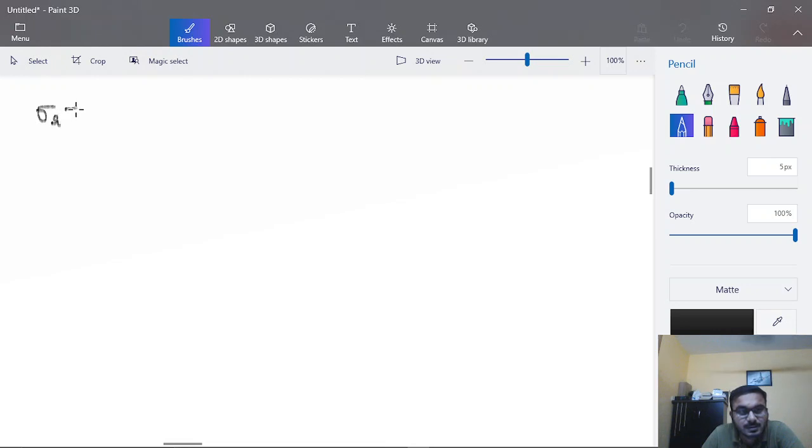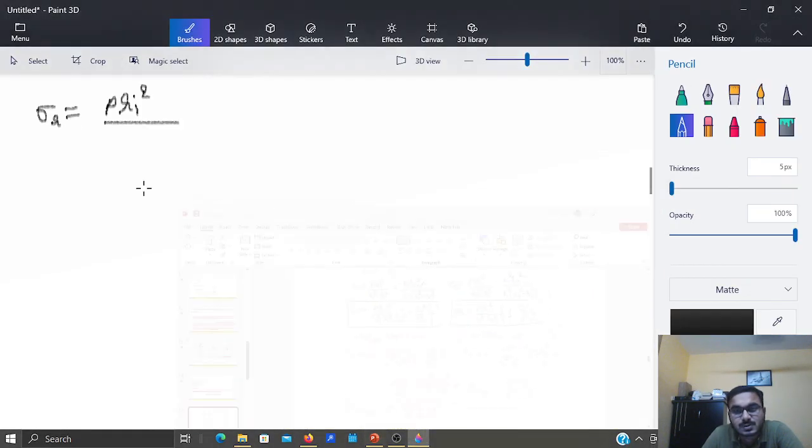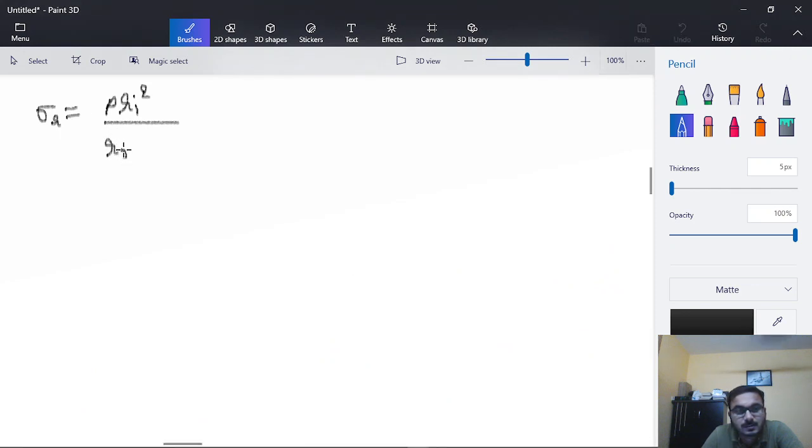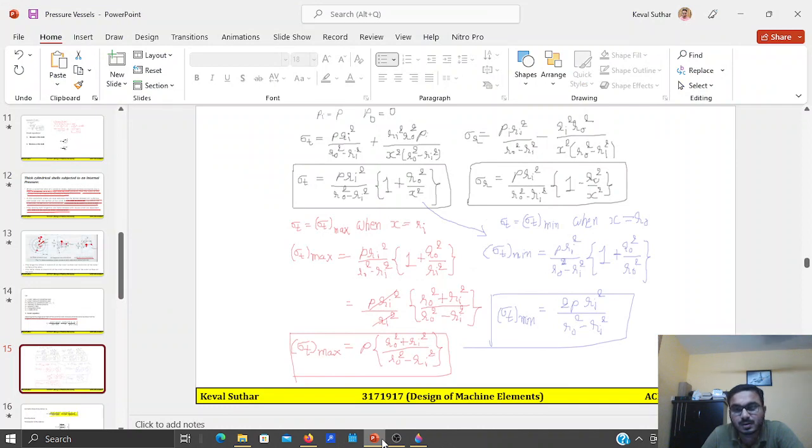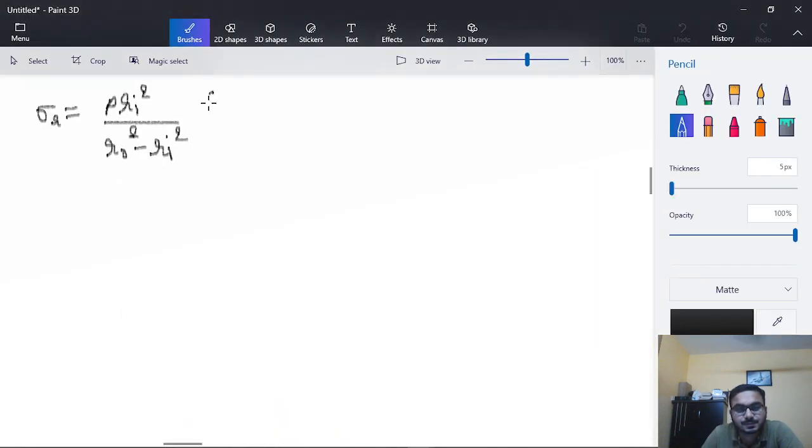Sigma r is equal to P Ri square divided by Ro square minus Ri square, into 1 minus Ro square upon x square.